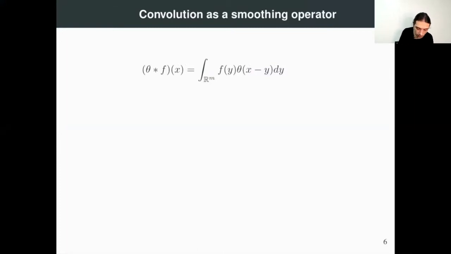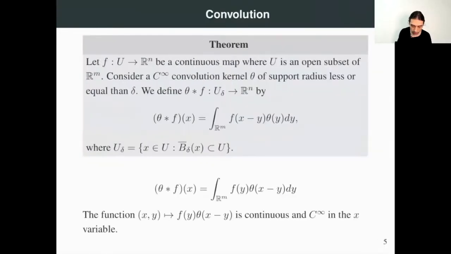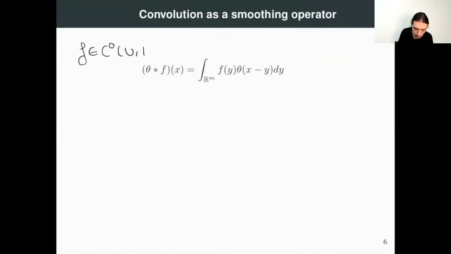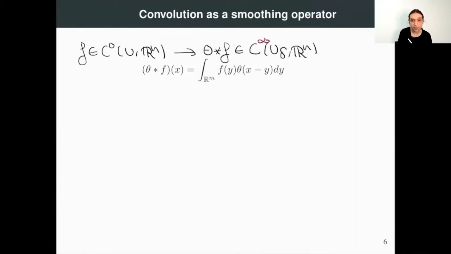So indeed, what we are going to have here is a C0 map from U to R^n, and the convolution is a map from U delta to R^n. And our goal right now is showing that this map is indeed C infinity. Okay, let's see why that is true.